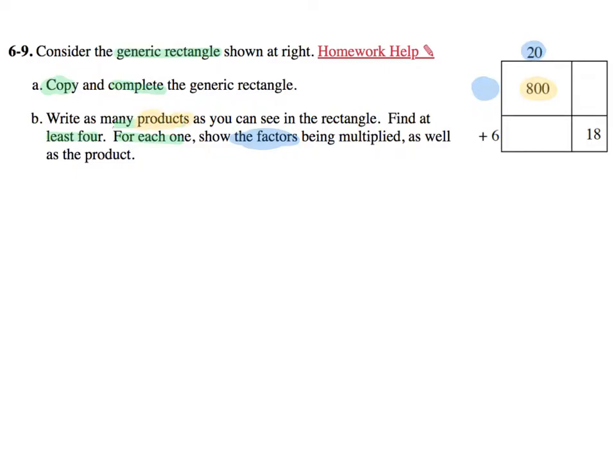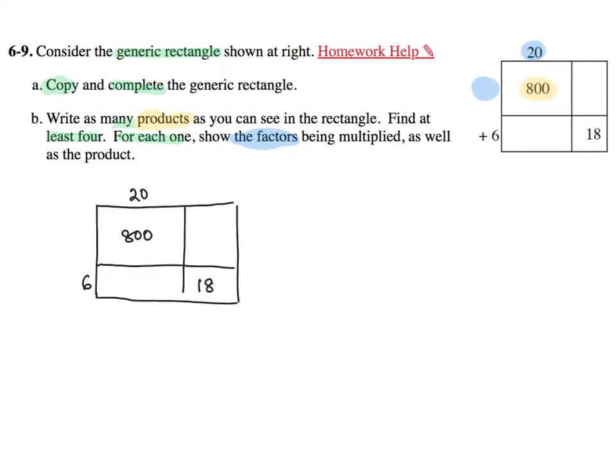So let's pause the video and copy the generic rectangle. Right now I did the copying, so we want to try to complete it. In order to complete it, we want to think of what's given and what's missing. Let's start with what's given. If I start with the inside, with the smaller number, the area over here is 18, and looking on the side, I have a 6.